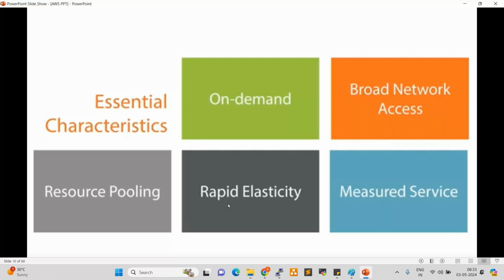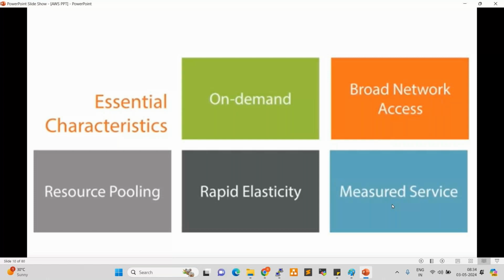Next one is measured service. What is measured service? Whichever particular service we require, we can use, and we pay for that. For example, I'm using a server from 9 a.m. to 6 p.m.; for those 9 hours only, I have to pay the bills.